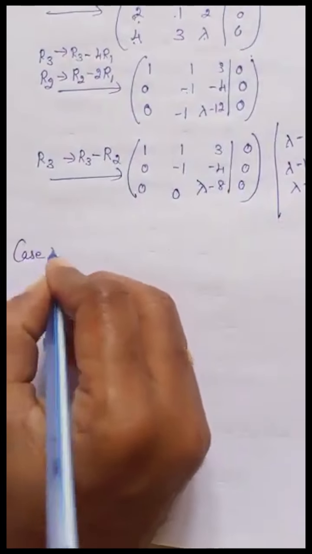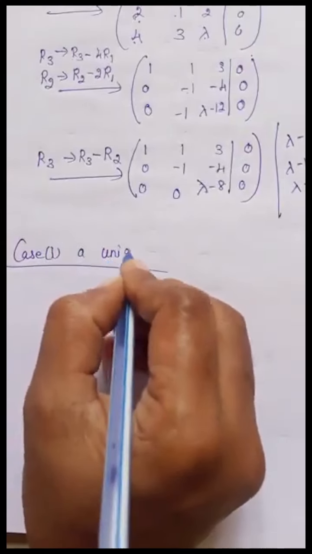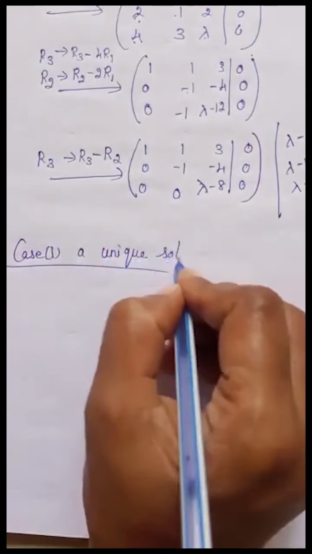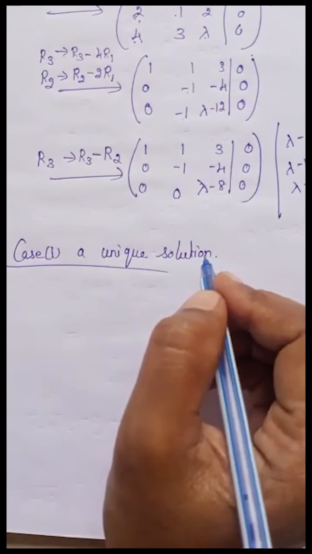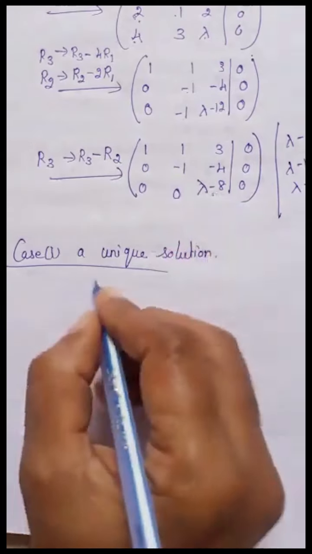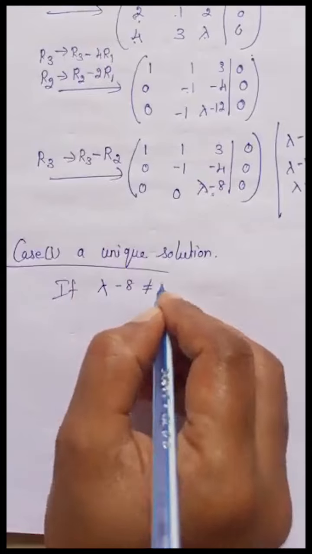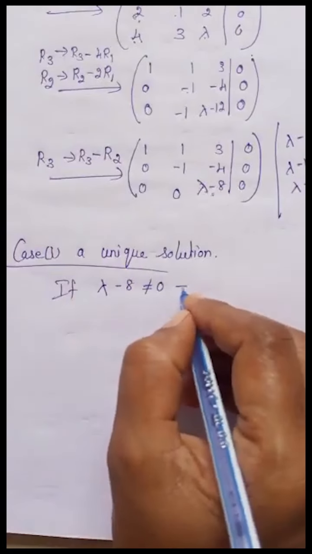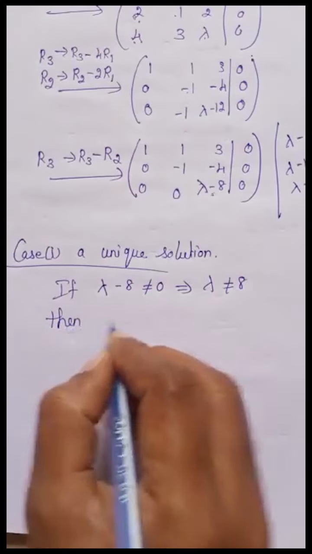Now case 1, a unique solution. Unique solution means, what is the meaning? Both the rank should be equal to the number of unknowns. So here sure we should get a value. It should not become 0. So if lambda minus 8 is not equal to 0, or lambda not equal to 8, then what happens?